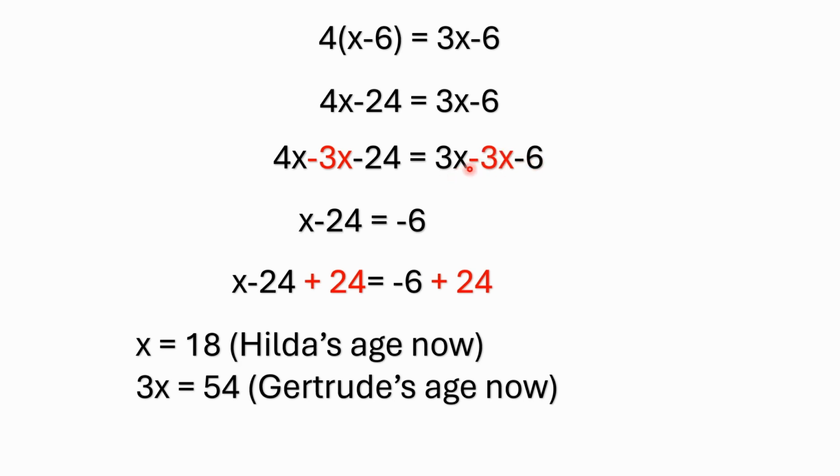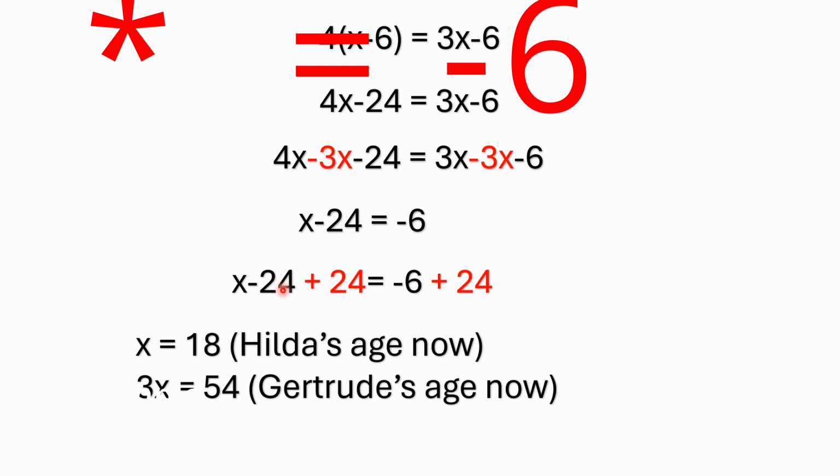Well, if you take 3x minus 3x, that's 0. So you're just going to be left with minus 6 on the right side of the equation. Over here, 4x minus 3x leaves you with just the x, and then you have your minus 24. So this simplifies down to x minus 24 equals minus 6.